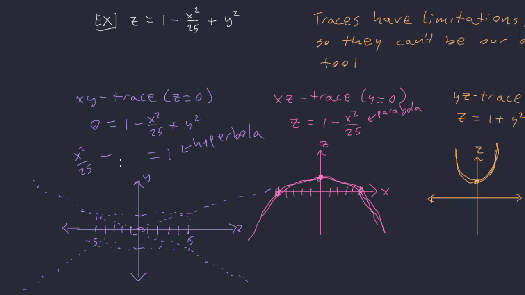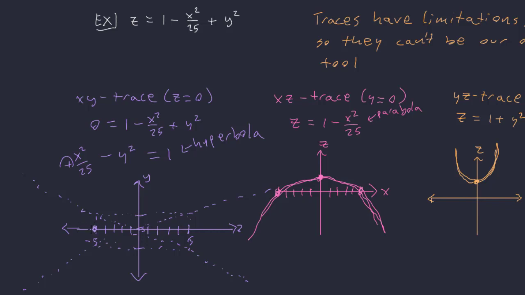Instead, if y was 0, so if we lived just on the x-axis, we'd get x squared over 25 is equal to 1. So x squared is equal to 25, so x is negative or positive 5. Okay, so a hyperbola opens in the direction of the positive piece.